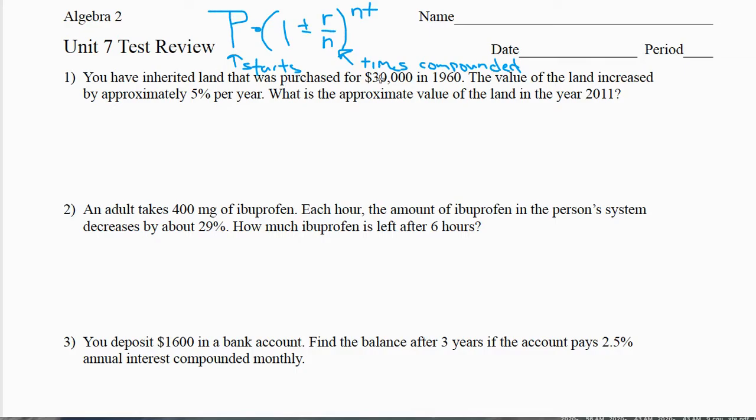So that's what this piece right here is. This is also the times it is compounded. The T is the time. Always in years.